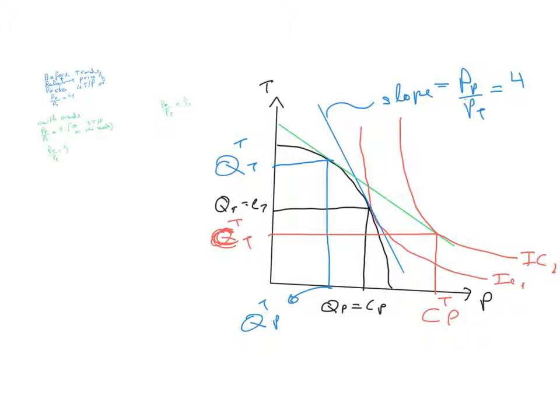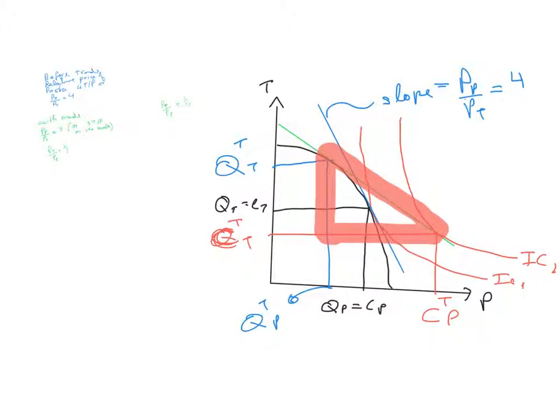So right off the bat, this graph now gives us the trade triangle, which I'm going to highlight. The trade triangle is given by the difference between the production and consumption of the exporting good and the consumption and production of the good that they're importing. And the slope of the trade triangle is essentially the free trade price ratio.